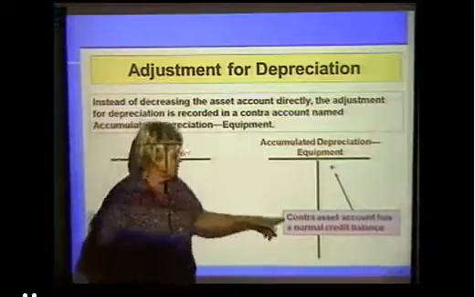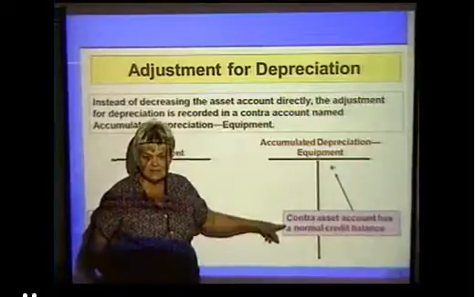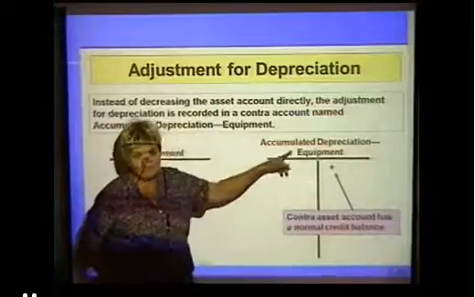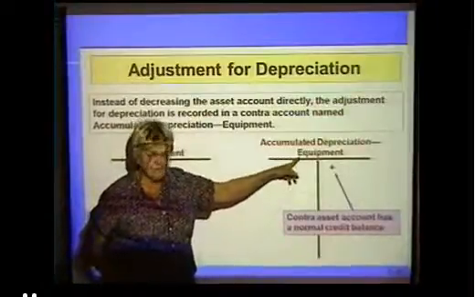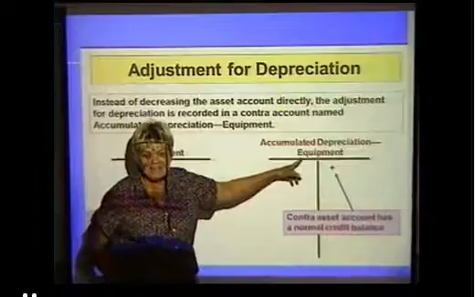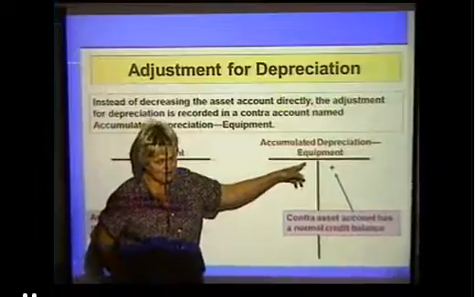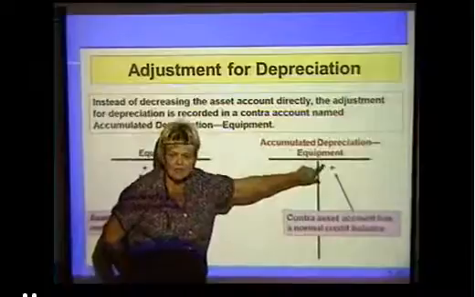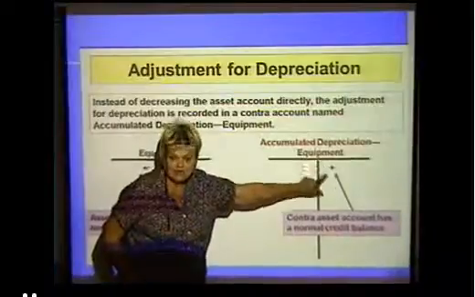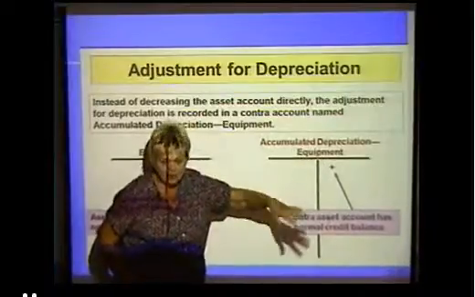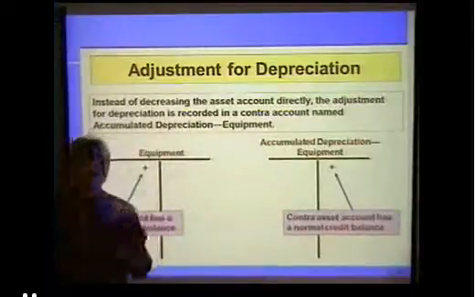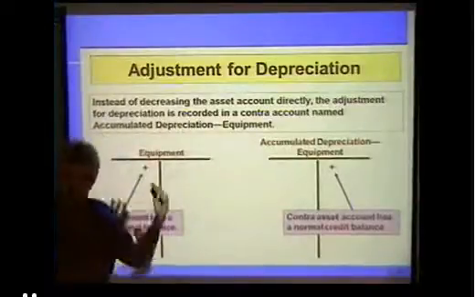It's called accumulated depreciation on our equipment. It's accumulating that depreciation each month. First month it would show $183, next month we're adding another $183, accumulating all that depreciation as we take it each month. So we never touch the asset account; we use the accumulated depreciation account to keep up with the reduction in value of the asset.